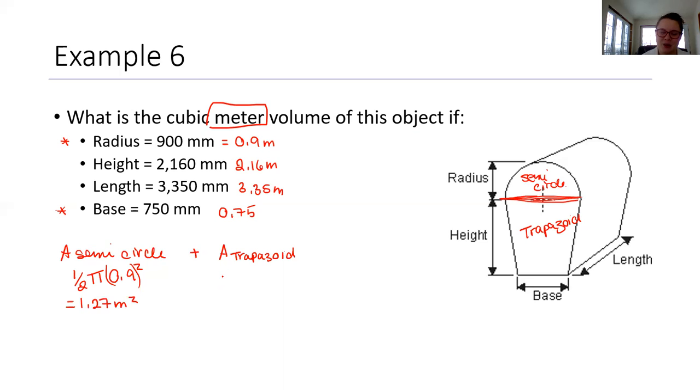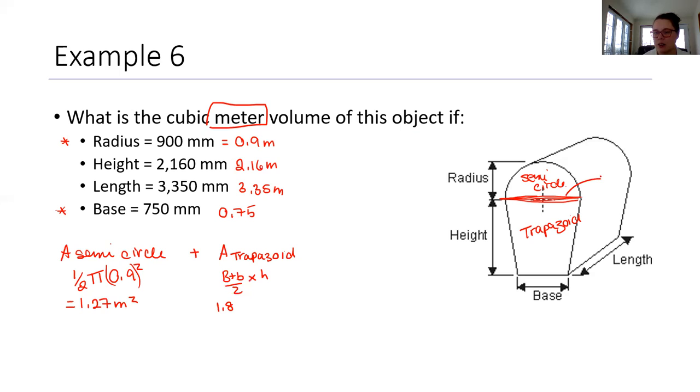So the area of a trapezoid is our big base plus the little base divided by 2 times the height. Okay, so the big base is across here, which is all the way across the semicircle. This is the same as 2 radiuses or our diameter. So we're going to use 0.9 times 2. So our big base is 1.8.